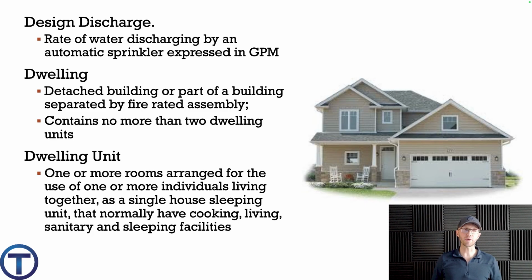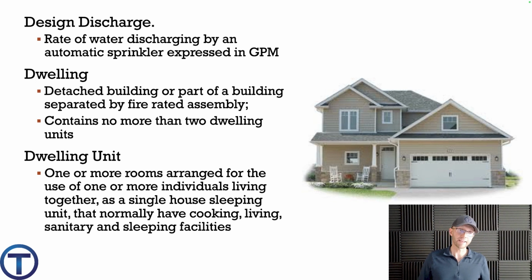Definition for dwelling unit: one or more rooms arranged for the use of one or more individuals, living together as a single housekeeping unit that normally have cooking, living, sanitary, and sleeping facilities. That makes a lot of sense, right? Here's a space where I can cook, where I can use the bathroom, where I can sleep and live.